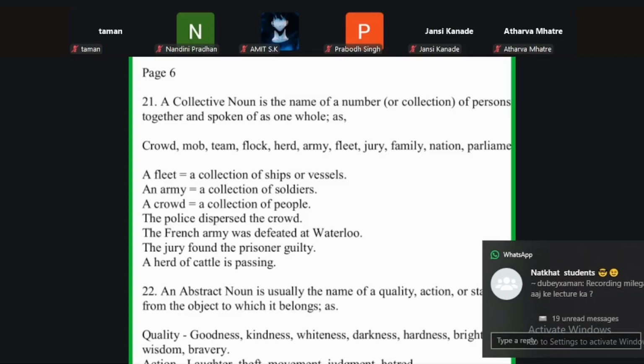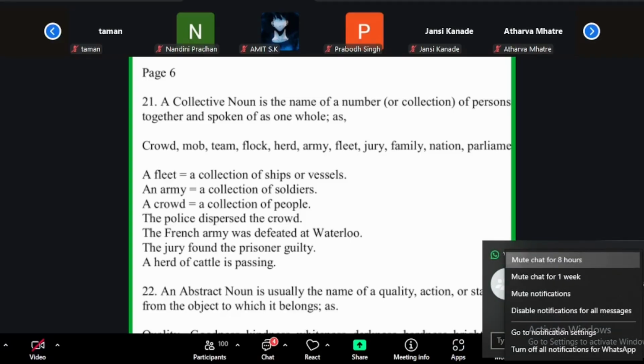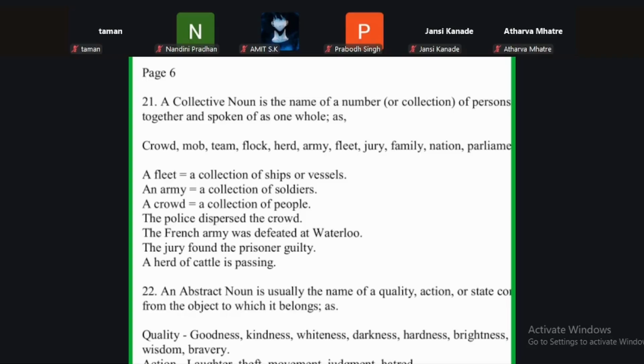So the term group is used to describe a small number of people that have gathered. The word crowd is used to describe a large number of people, or groups of people, you could say. And a mob is used to describe a group of people that are angry or have some extreme emotion which they wish to move, process, and definitely communicate.